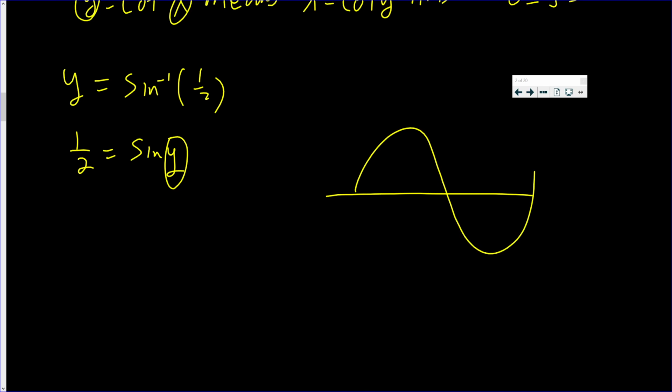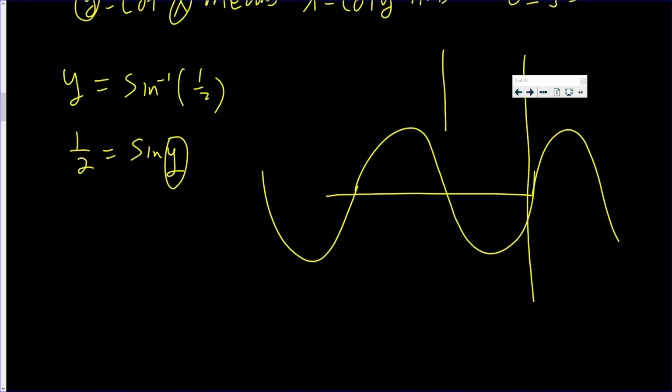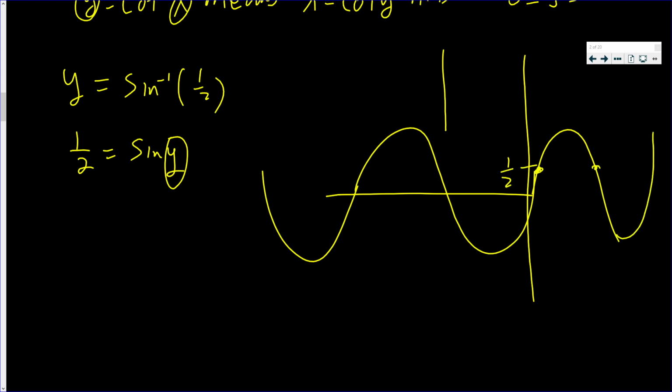Here's the sine graph. It goes forever and ever. And here's the vertical axis. Well, it equals a half here. So here's the half. Equals a half here and here and here and here and here and here.